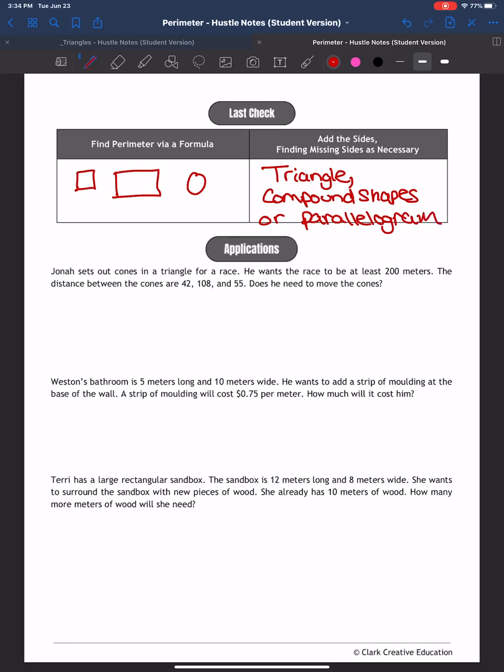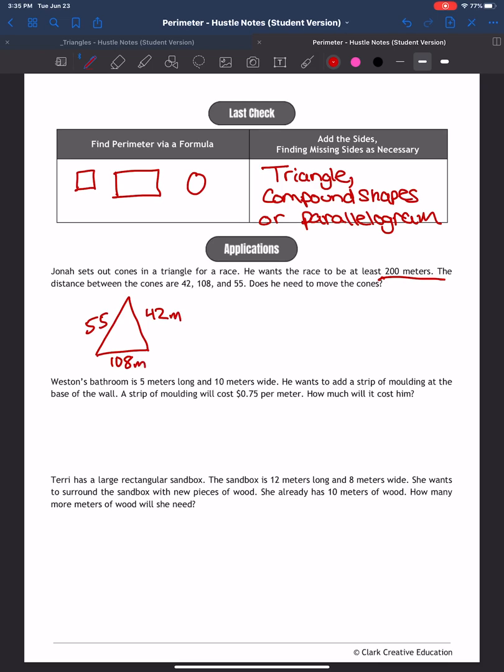So, Jonas sets out cones in a triangle for a race. He wants the race to be at least 200 meters. The distance between the cones are 42, 108, and 55. Does he need to move the cones? So here's your triangle. You have 42, 108, 55. He wants them to be at least, meaning 200 meters or more.